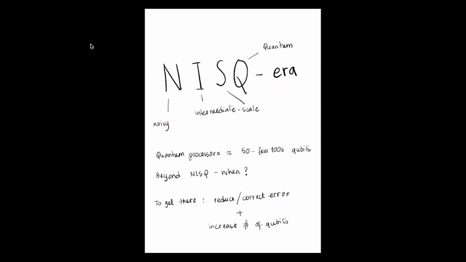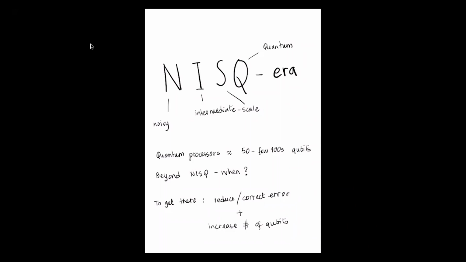Why are we calling it intermediate scale? Again, because right now the quantum processors are as big as containing 50 to a few hundred qubits. So we hope that in the future, which will not be intermediate but the final phase, we would have at least a few million qubits.